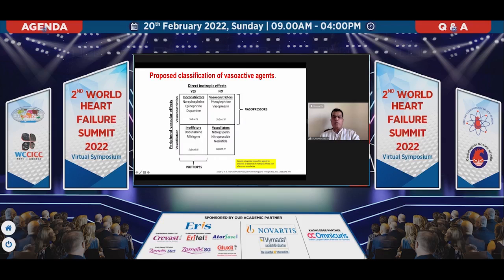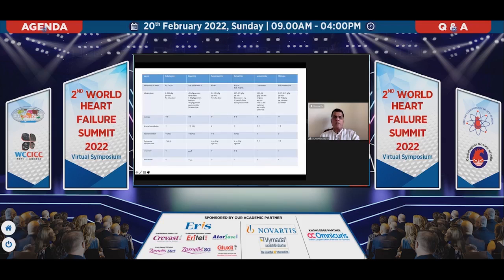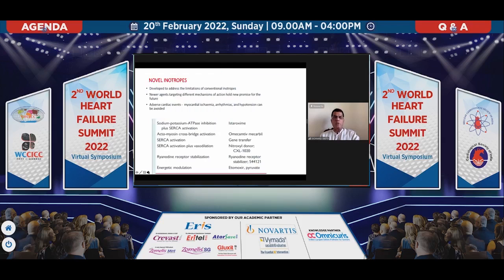Inodilators are dobutamine and milrinone, and vasoconstrictors are phenylephrine and vasopressin. Vasodilators, of course, don't come in today's inotropes, but are mentioned as part of completing the topic. So inodilators are basically dobutamine and milrinone; inoconstrictors are norepinephrine, epinephrine, and dopamine; and vasoconstrictors are predominantly vasopressin and phenylephrine. These are the various mechanisms of action and the doses we are using.